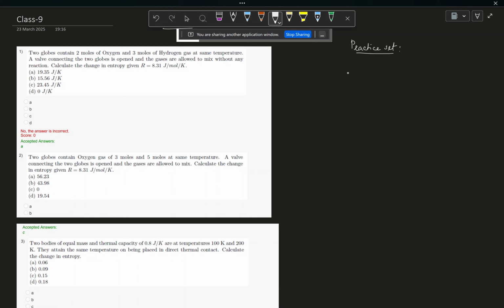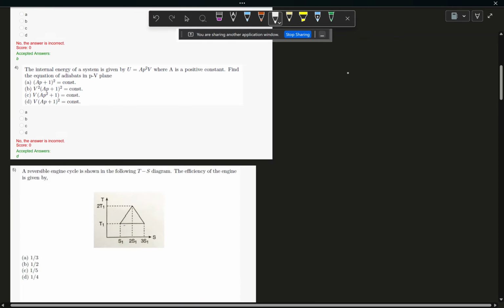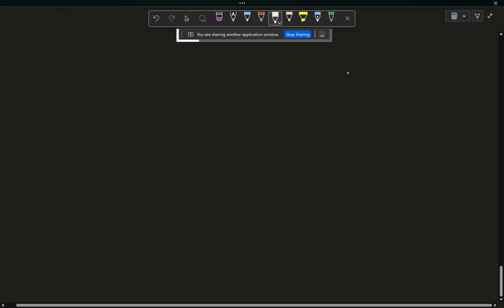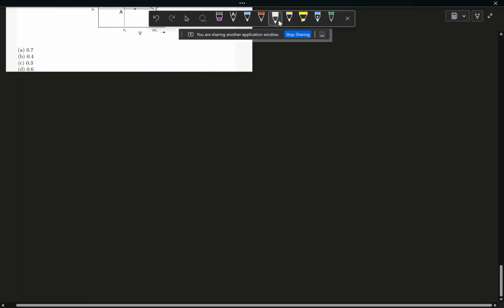So oxygen and hydrogen mix together, and as a result there will be a change in entropy, right? That change in entropy you need to calculate. So let us now start calculating and see where the answer ends up.